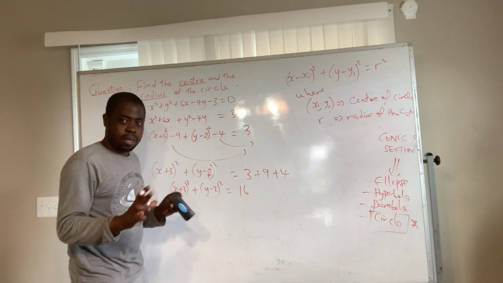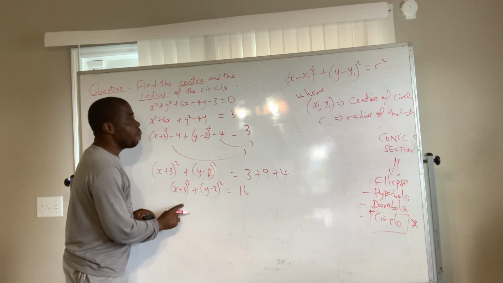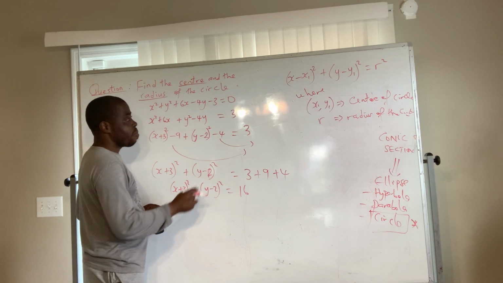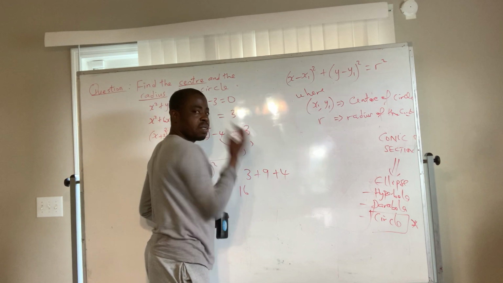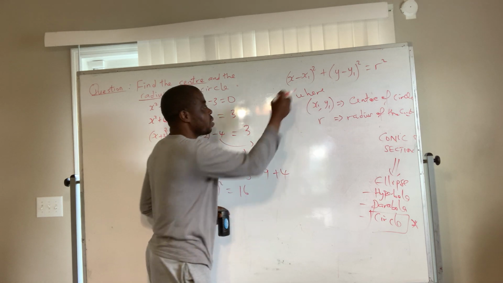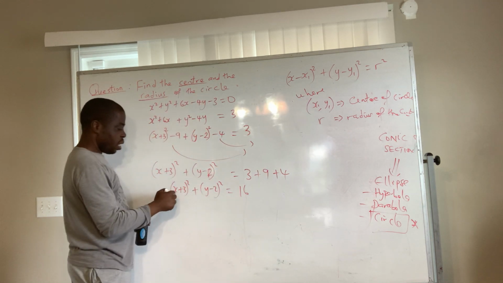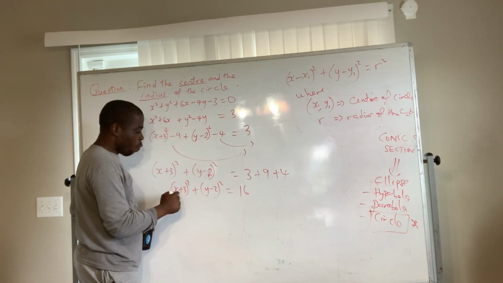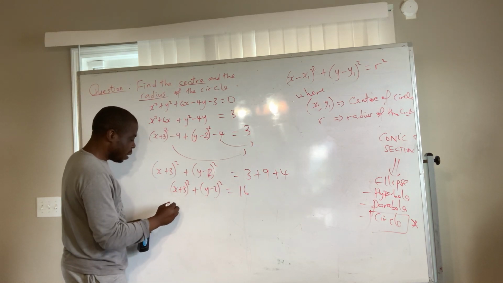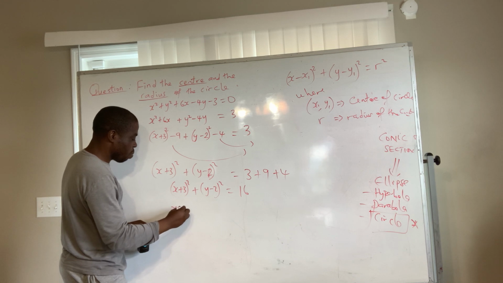I'm not done yet. Okay? Now, look at what I have here. The standard form says x, the general variable, minus x1, squared. But I have plus here. For me to get plus here, this has to be what? x minus negative 3 squared.